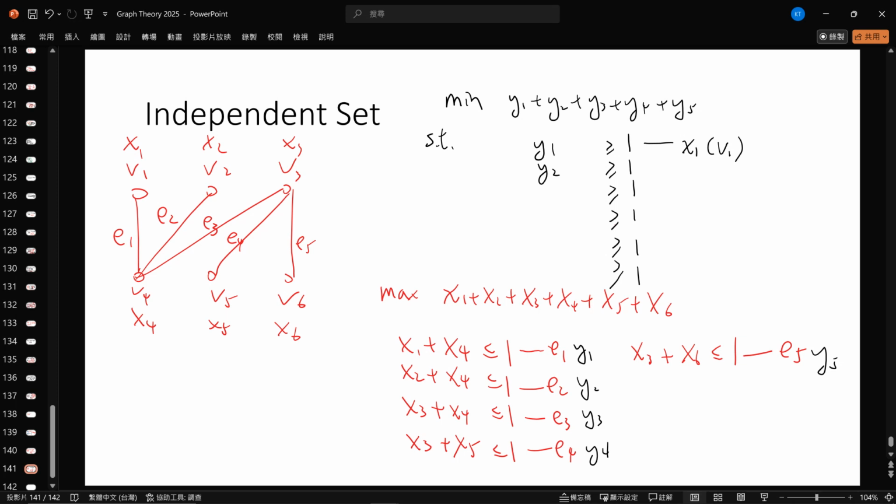All right, so next, x3. So x3 appears in 3 constraints, the constraints for E3, E4, and E5. So, okay. So y3 plus y4 plus y5, okay?